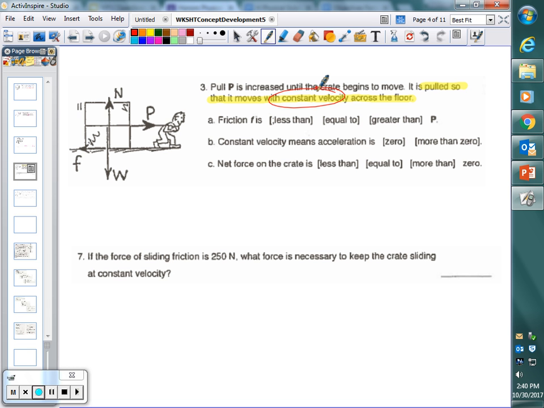And the only way for that to happen is for F to be equal to P. Because constant velocity means the acceleration is 0, and if the acceleration is 0, the net force has to be equal to 0. Good there?